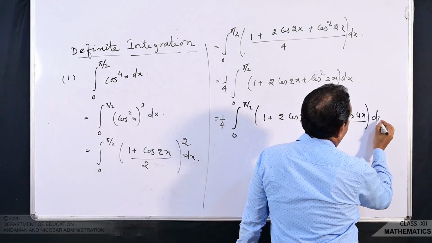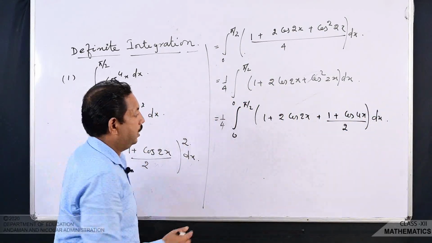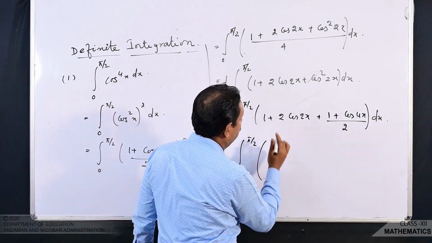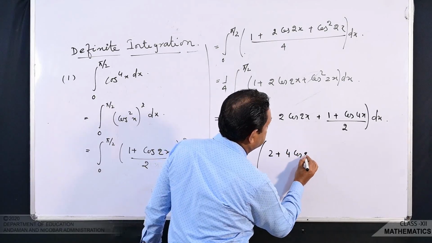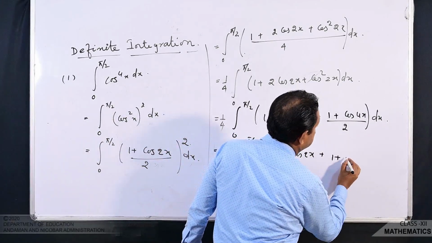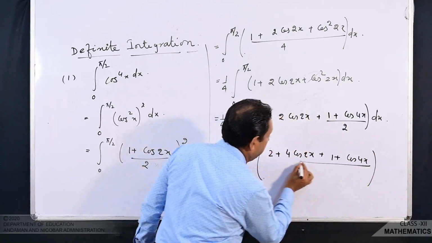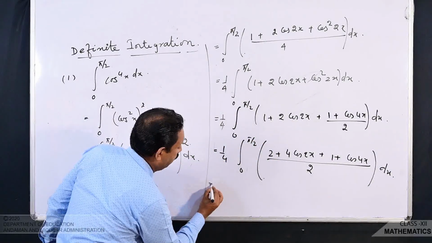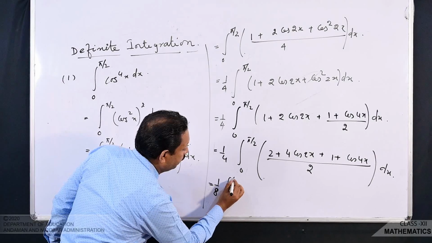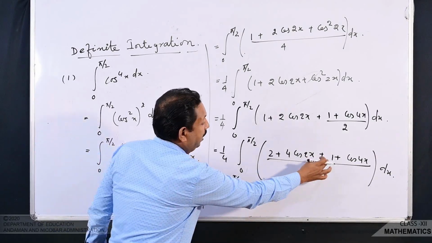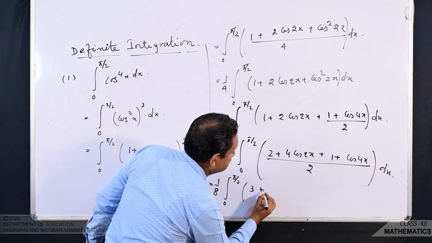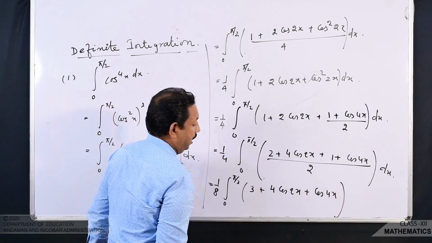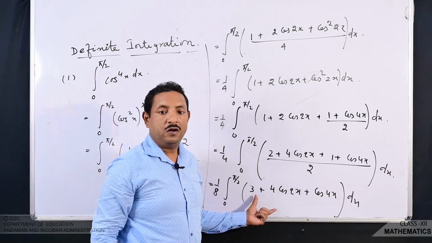So, this is 1 by 4 integration of 0 to pi by 2 of 2 plus 4 cos 2x plus 1 plus cos 4x, fully divided by 2, dx. So, this can be written as 1 by 8 integration of 0 to pi by 2 of 3 plus 4 cos 2x plus cos 4x dx. Now, it is of integrable form.